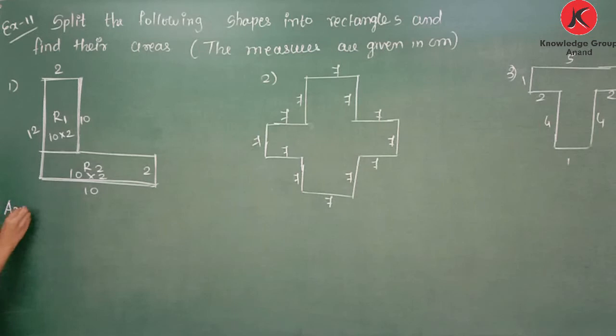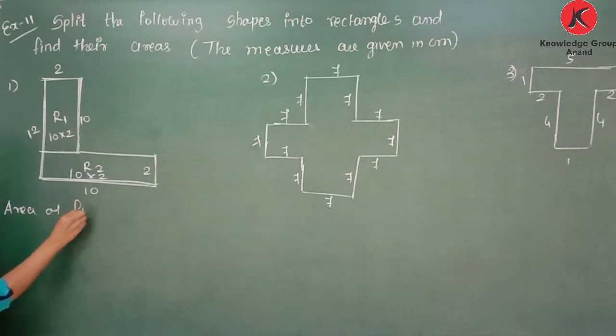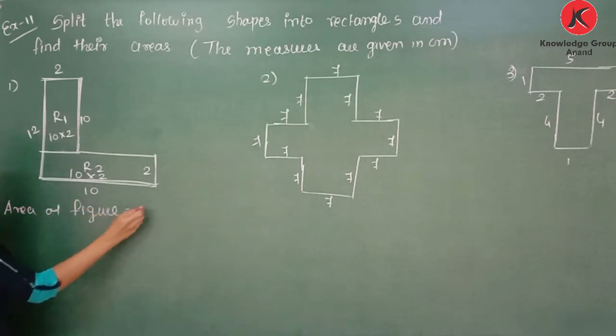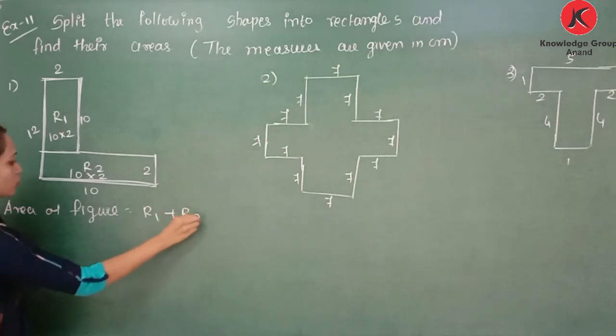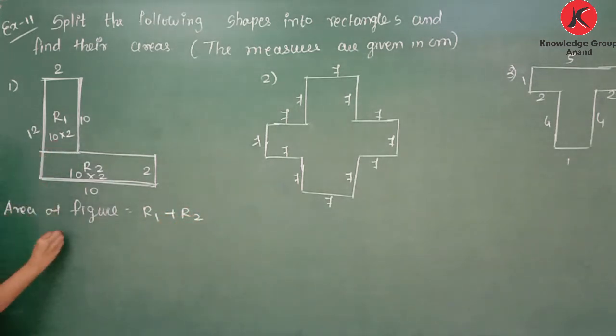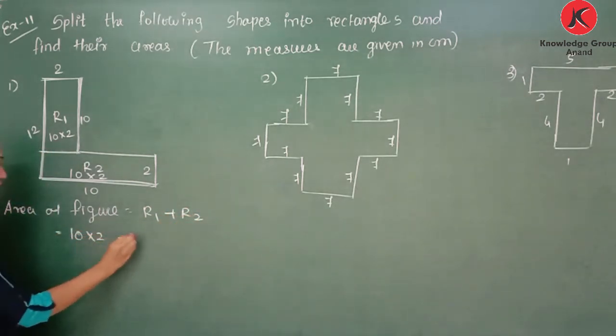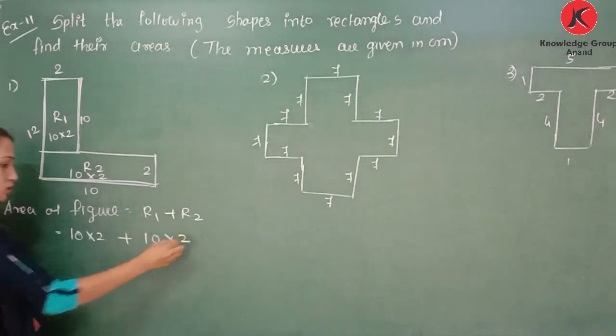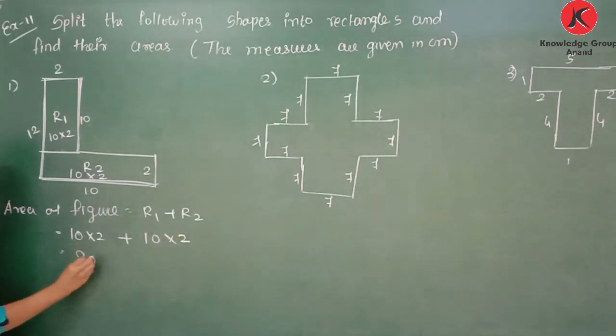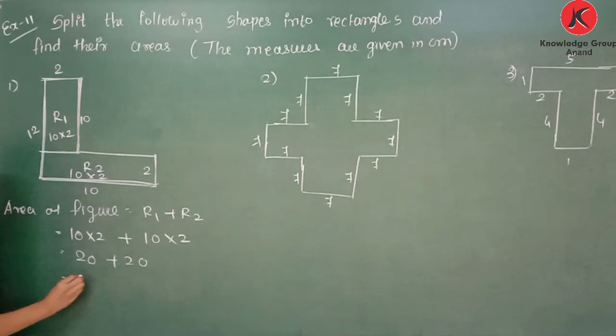So the area of the figure is R1 plus R2. R1 is 10 multiplied 2 and R2 is 10 multiplied 2. That is 20 plus 20, it is 40 square centimeter.